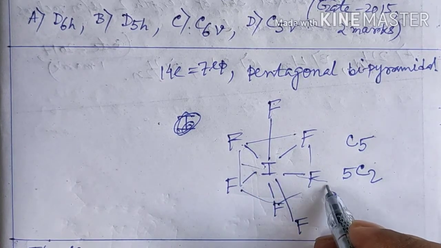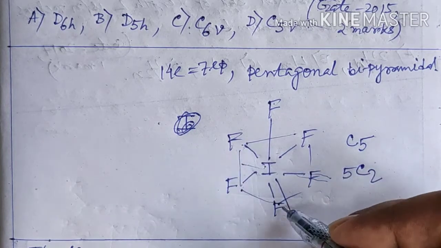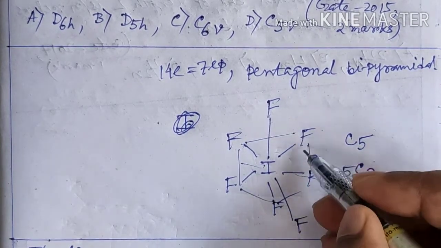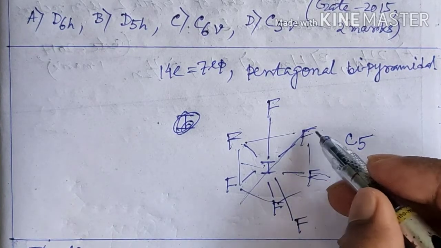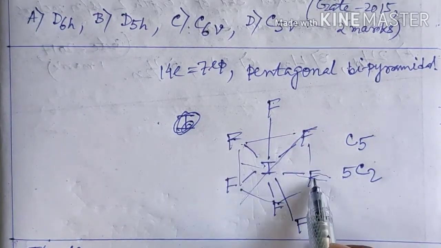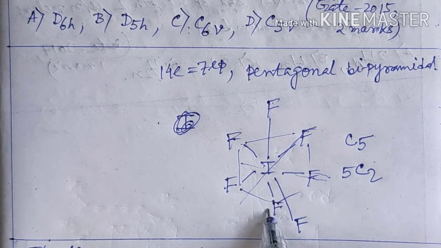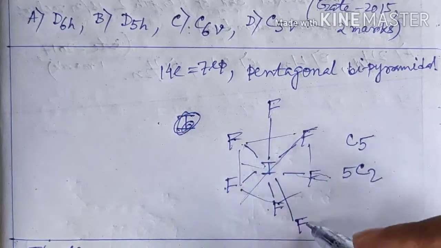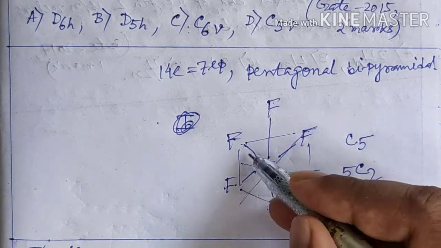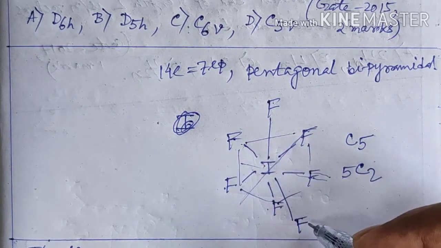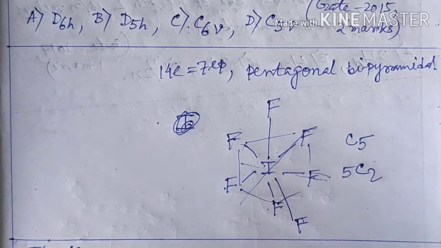If we operate the C2 axis along this, these two fluorines will exchange their position and these two fluorines will exchange their position. Similarly, when we operate the C2 axis along this iodine fluorine bond, these two fluorines will exchange their position, and in all the cases these two axial fluorine atoms will exchange their position.